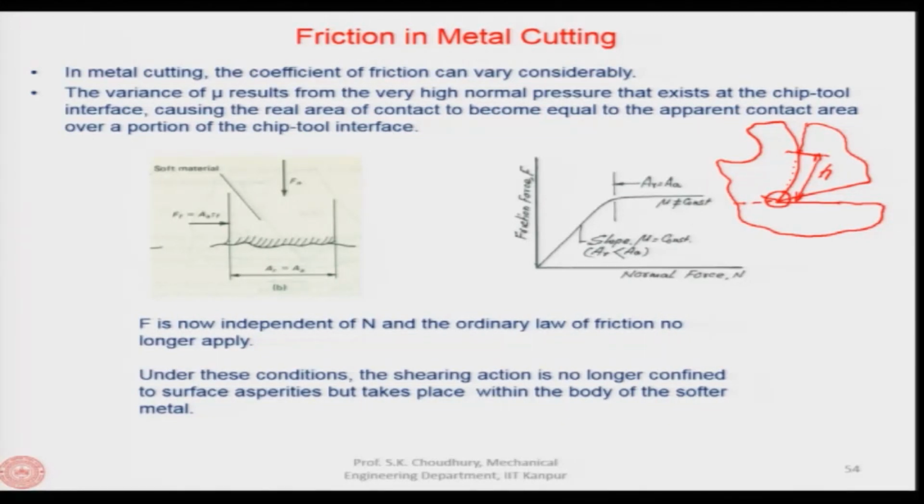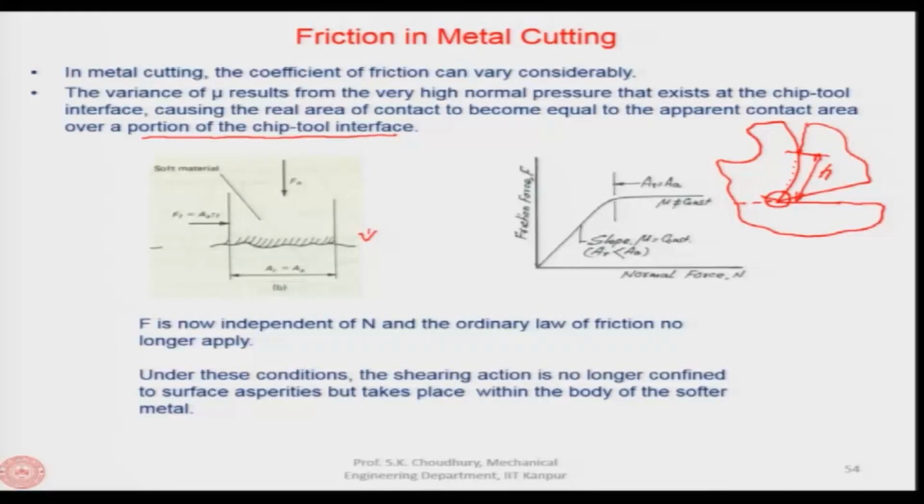So over the portion of the chip tool interface where the normal pressure remains sufficiently high, the real area of contact becomes equal to the apparent area of contact, because the pressure is so high that the asperities get plastically deformed, as shown in this picture.